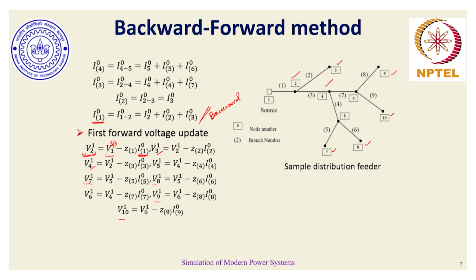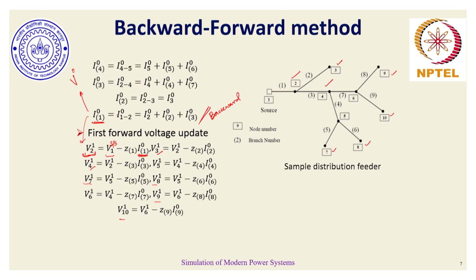You may wonder why the currents would lead to an update of voltage. The reason is that these currents have been obtained based on voltage values V0, which are not the true voltages.